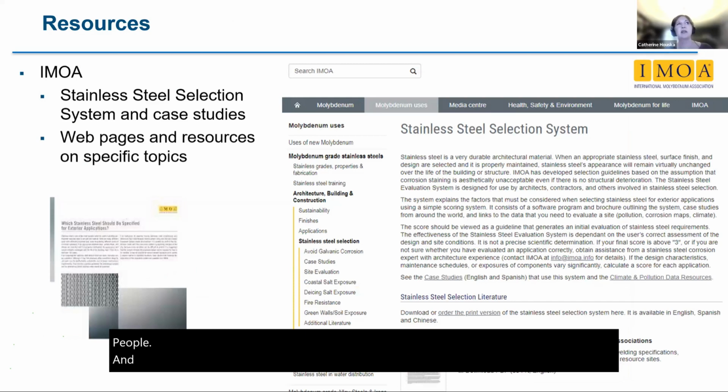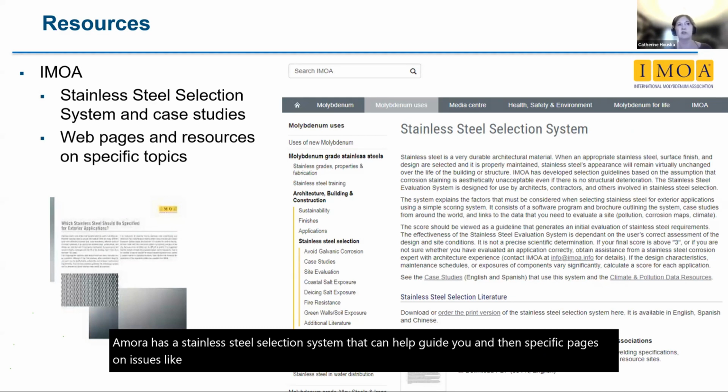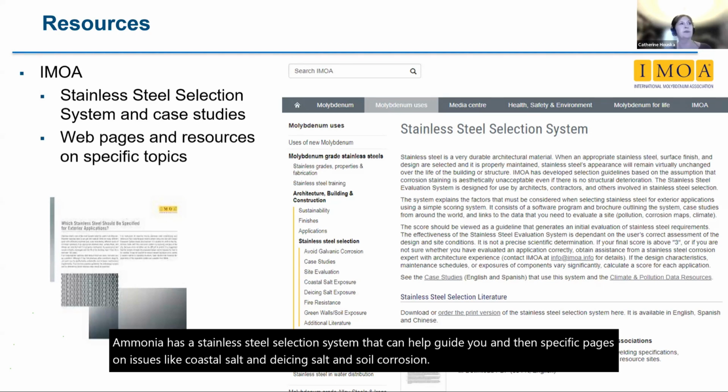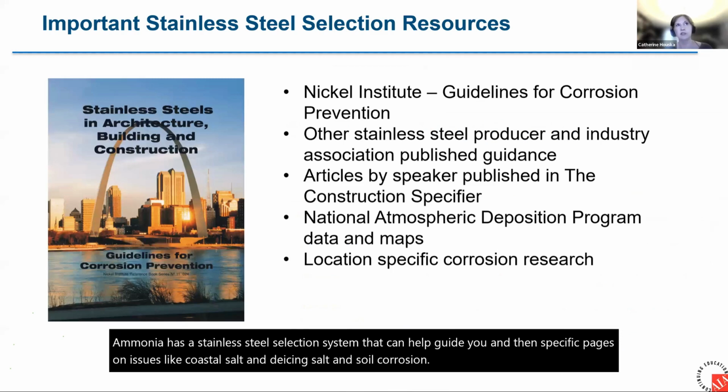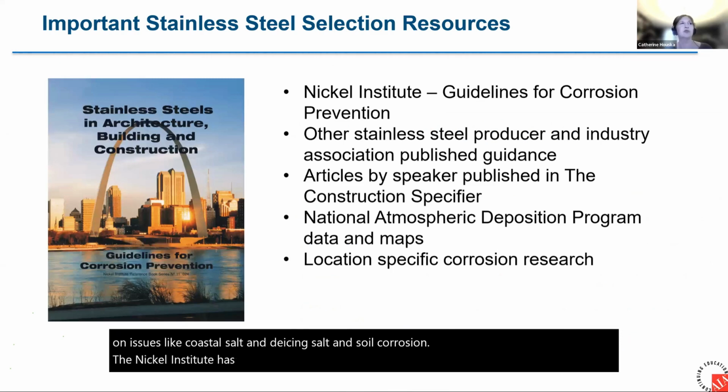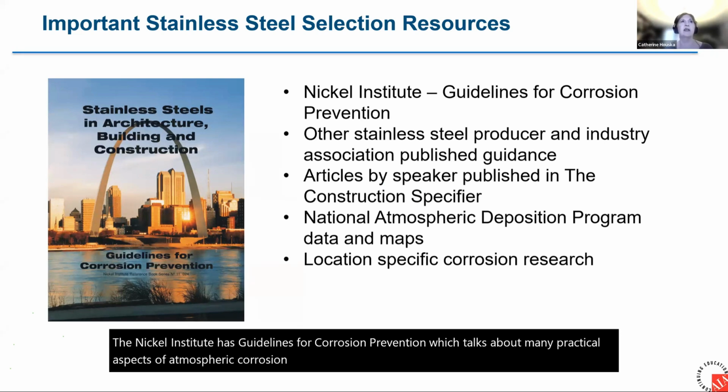AMOA has a stainless steel selection system that can help guide you, and then specific pages on issues like coastal salt and de-icing salt and soil corrosion. The Nickel Institute has guidelines for corrosion prevention, which talks about many practical aspects of atmospheric corrosion and data.